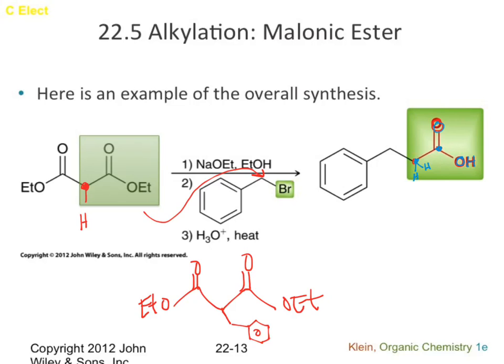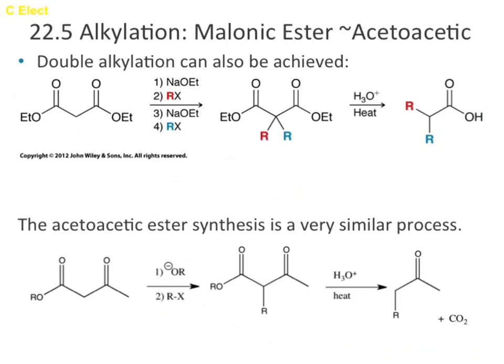Okay. Questions? Okay. As I alluded to already, we could polyalkylate. So in the top case, we're doing a double alkylation. We're adding a red R group and a blue R group. Remember, to go through and do this, it has to be done in 2 separate stages. Okay, you can start with a strong base, add the R group.